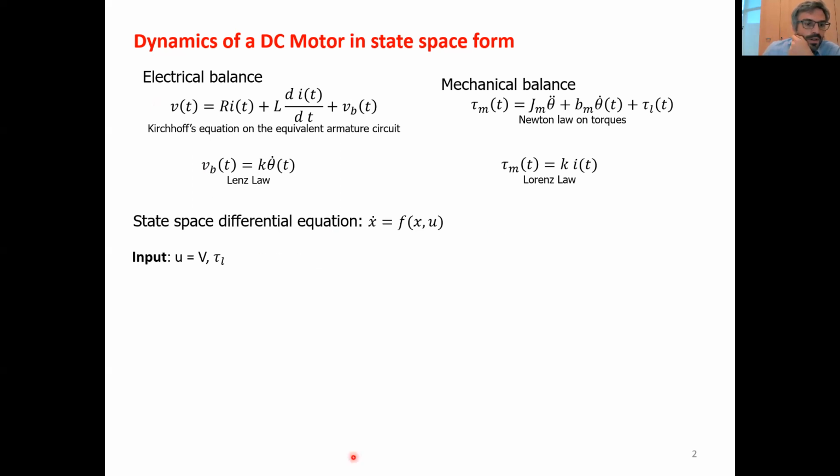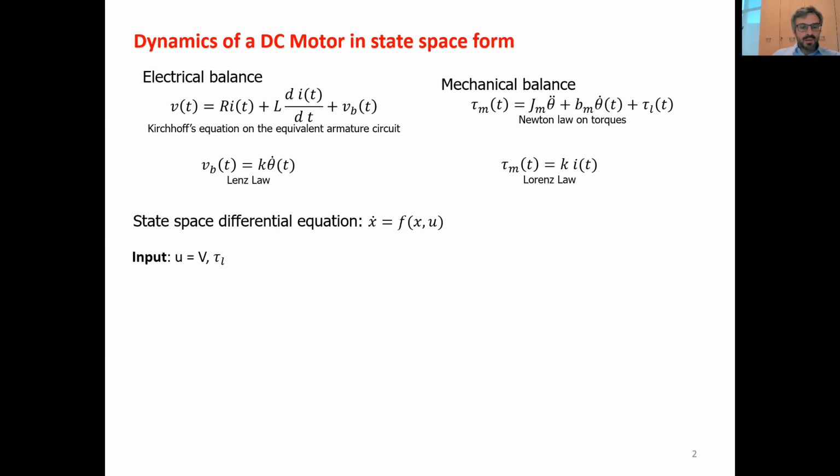And, sorry, what about the states? So the states are the variables that appear with some derivatives. And these derivatives allow us to compute the evolution of the state. What are the states here in your opinion? Current and angular velocity. Angular velocity. Okay, yes.